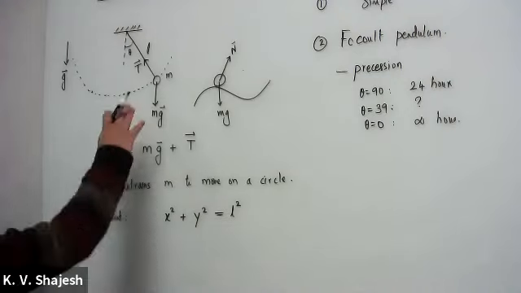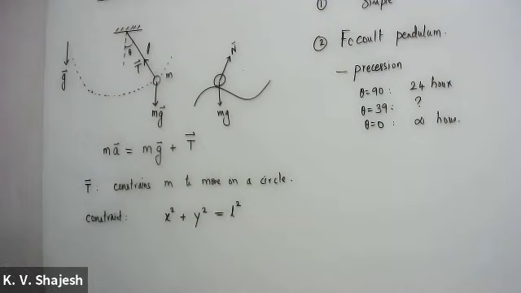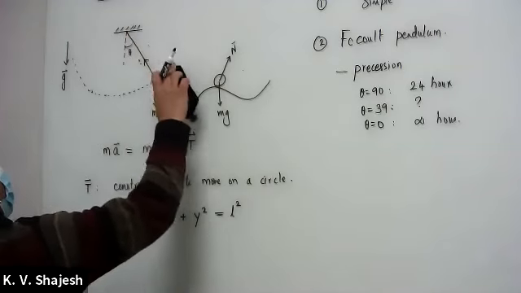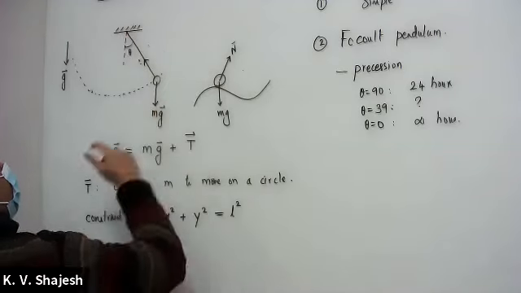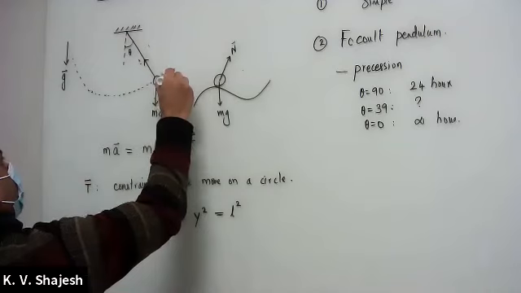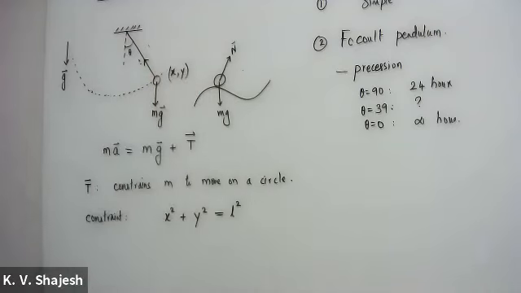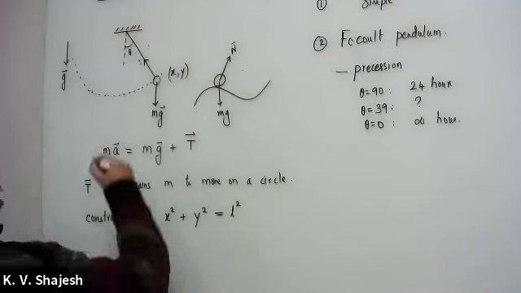So suppose I go back, and that is still visible in here. That's your length L, that's your force of tension. Let's say this is XY, and this is constrained to move along the circle.